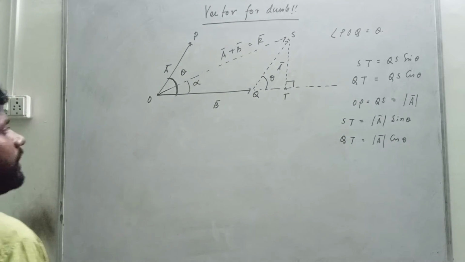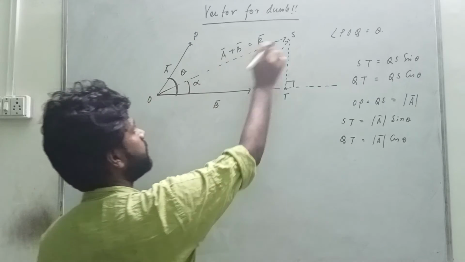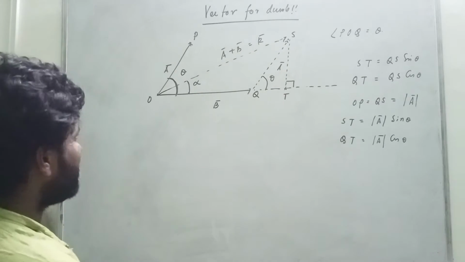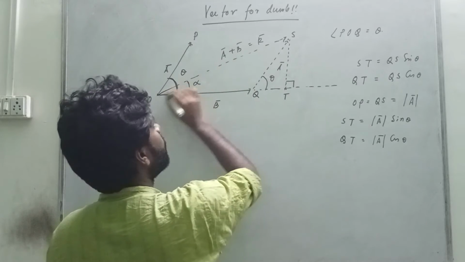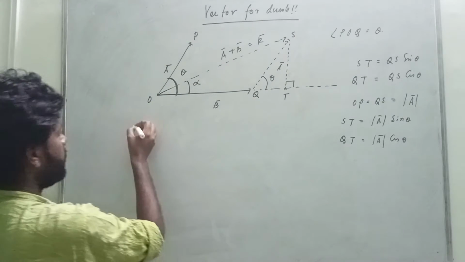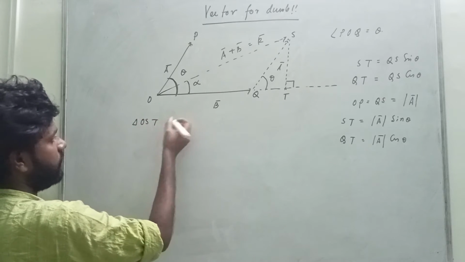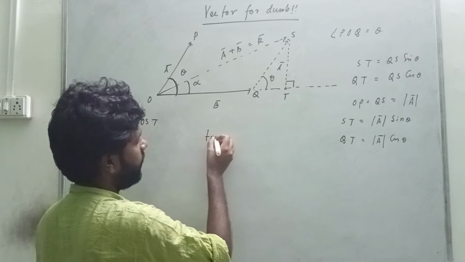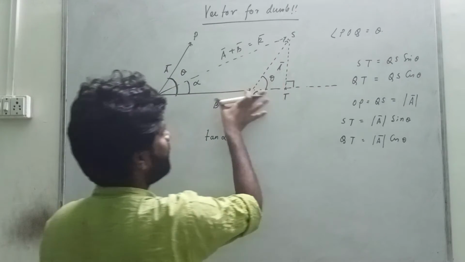And I want to calculate this angle actually, the angle between A plus B and vector B. Okay? So just very simple, it is a right angle triangle here, OST. It is a right angle triangle, and all of you know tan alpha. Tan alpha means perpendicular by base, right?